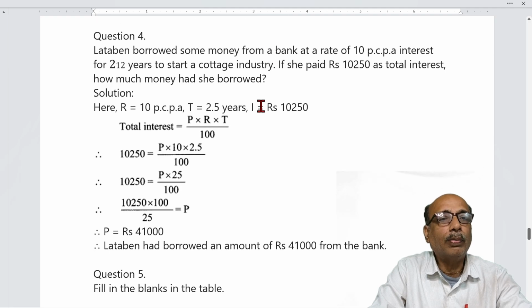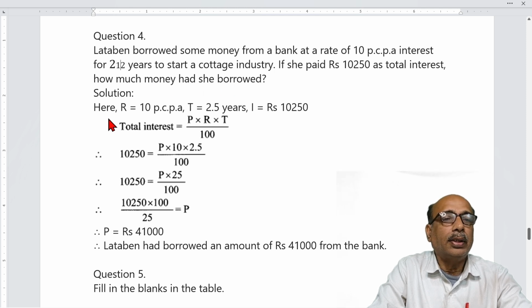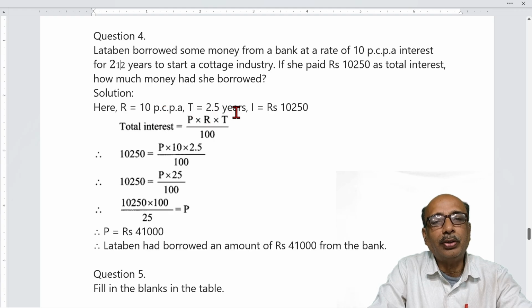Question number 4. Lataben borrowed some money from a bank at a rate of 10% per annum, for 2.5 years, to start a cottage industry. If she paid rupees 10,250 as total interest, how much money had she borrowed? Here R equals 10% per annum. 2.5 years is the time.